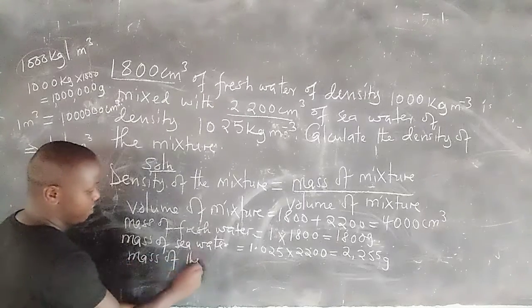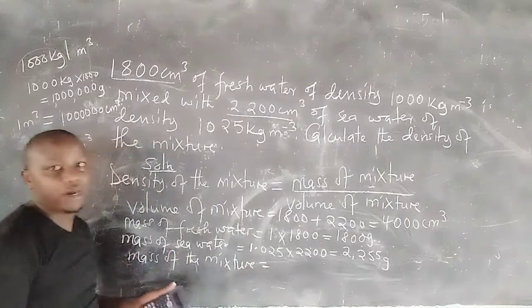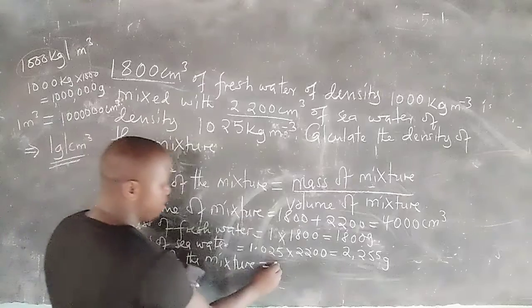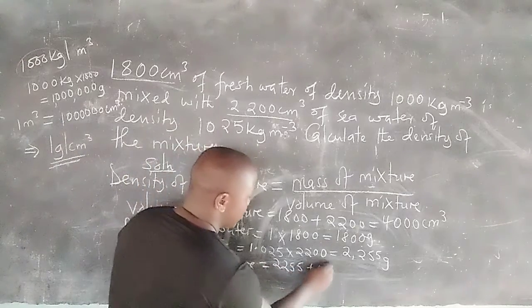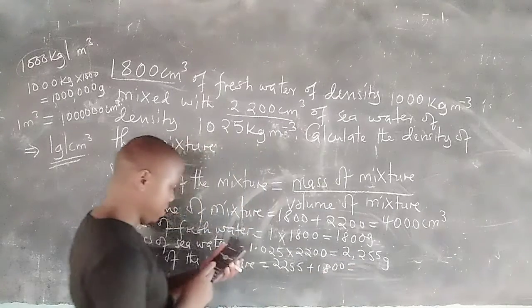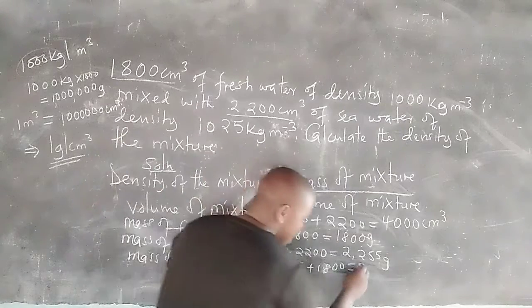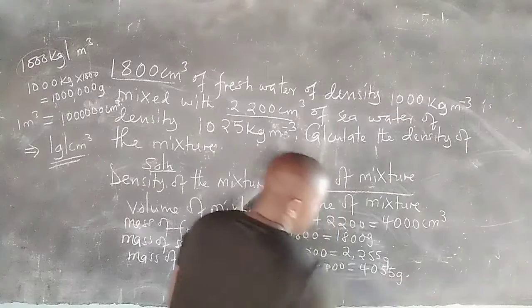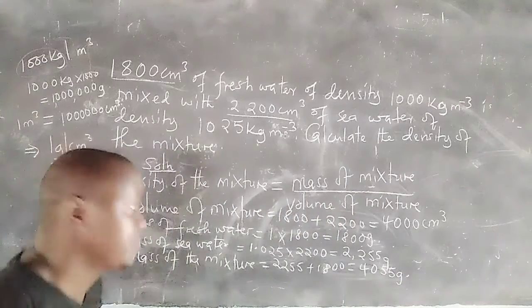So now we can get mass of the mixture. Mass of the mixture will be the sum of the two masses of the elements making up the mixture. And this will be 2,255 plus 1,800, which is 4,055 grams.